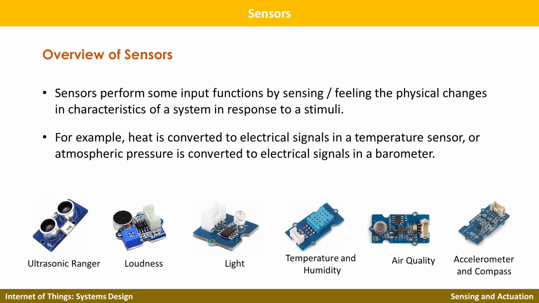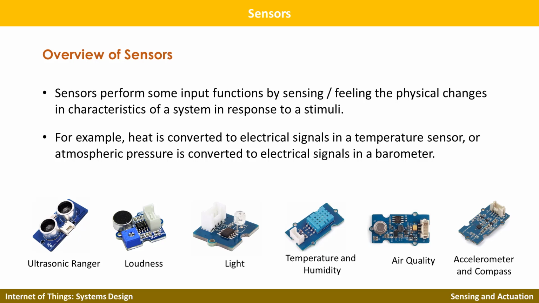Some of the sensors you will be seeing in the labs. These are sensor components that we use in prototyping with prototyping boards: ultrasonic ranger, loudness, light and humidity, temperature and humidity, air quality, accelerometer and compass.